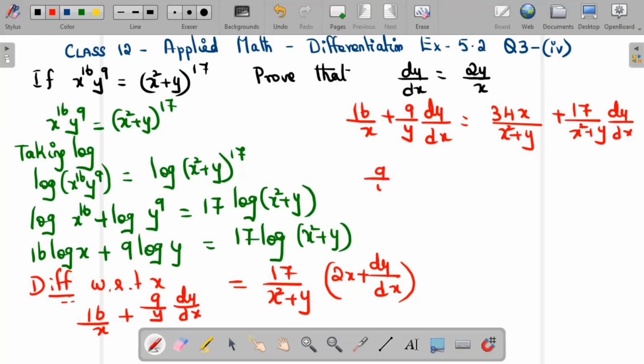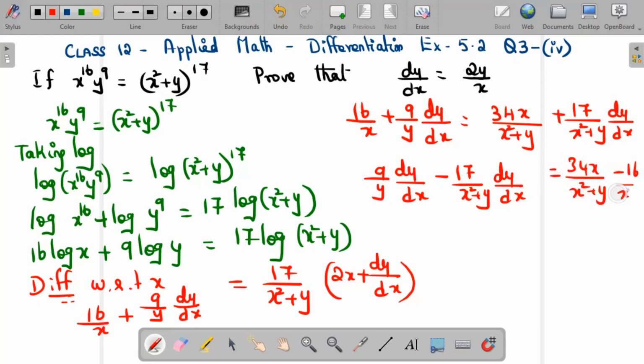So it is 9/y dy/dx minus 17/(x² + y) dy/dx is equal to 34x/(x² + y) minus 16/x. This is only the reorganization of bringing all the dy/dx terms to the left side and all the other non-dy/dx terms to the right side.